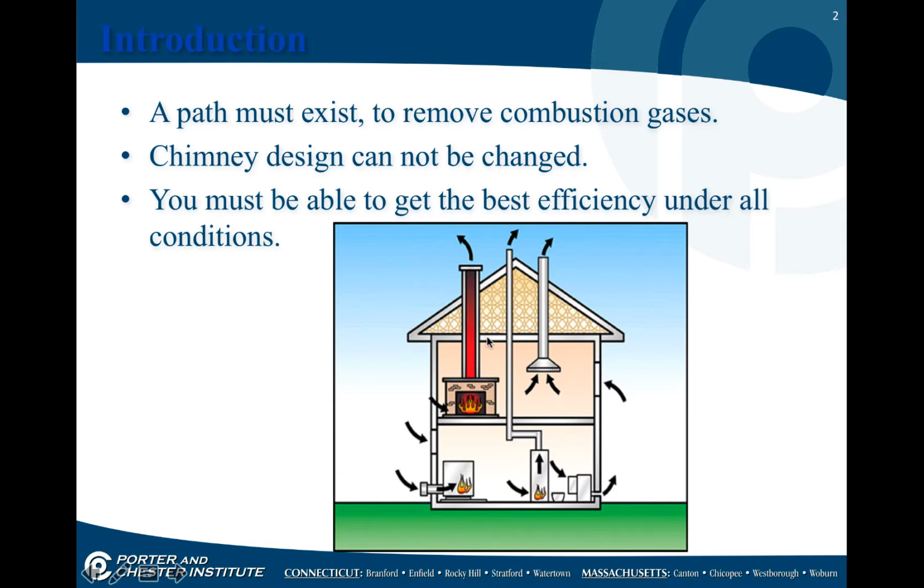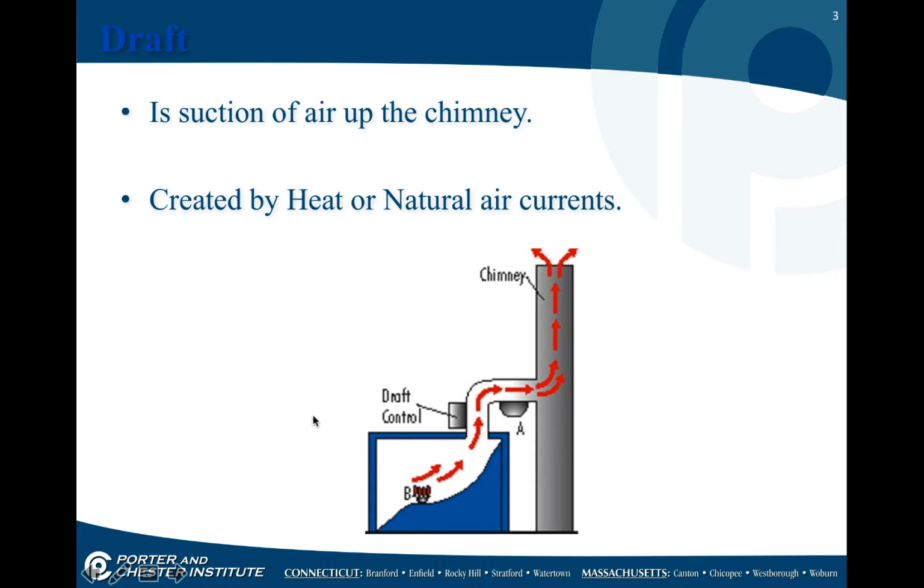You can't change the design of the chimney under most cases, but you have to be able to get the best efficiency under all conditions. So when you're looking at this picture, draft is anything where there is a path straight up to the outside world from inside of a building. We have to remember, by default, hot air rises.